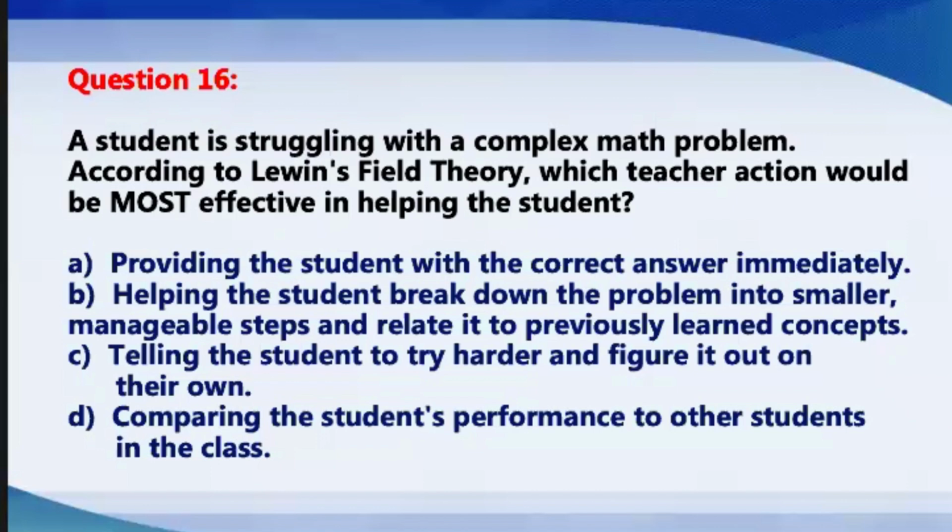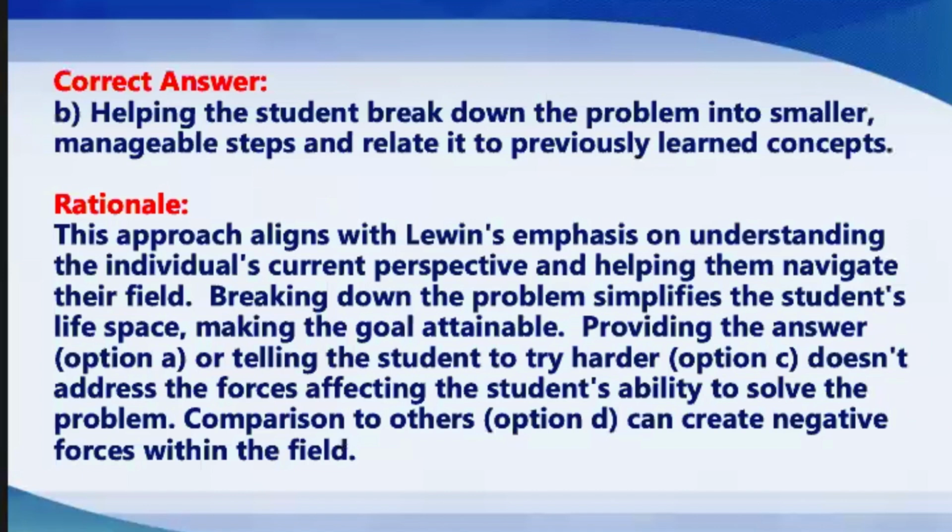The correct answer is letter B. Helping the student break down the problem into smaller, manageable steps and relate it to previously learned concepts. Because this approach aligns with Lewin's emphasis on understanding the individual's current perspective and helping them navigate their field.